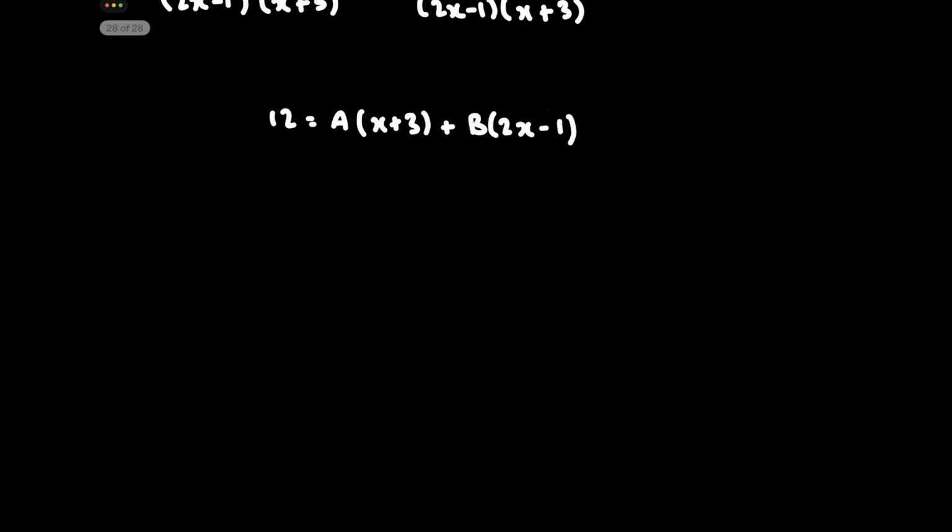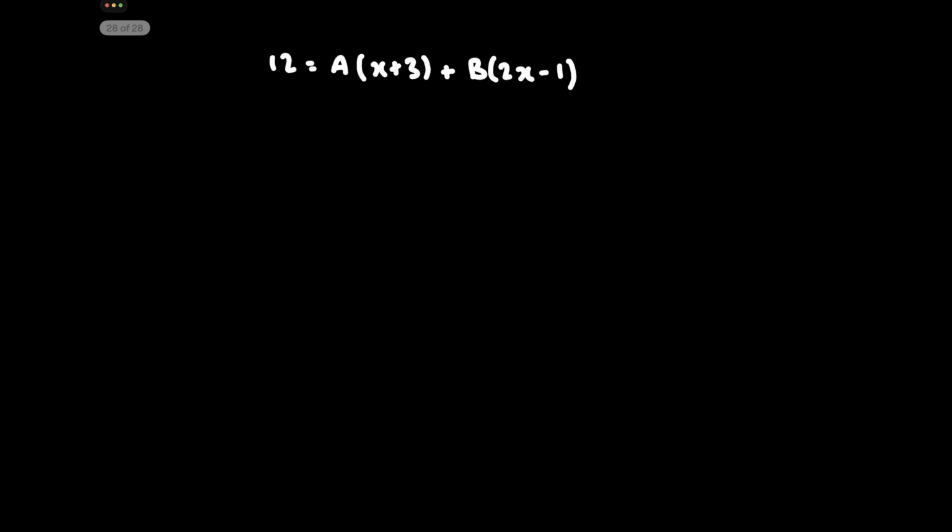And now we can do the whole process of letting x equal to some value that we desire. And in this case, I want this bracket to cancel out the a term, and I want this bracket to cancel out the b term. So all I'm going to do is I'm going to let x plus 3 equal 0. That means x equals minus 3. That's my value that I'm going to let equal to x.